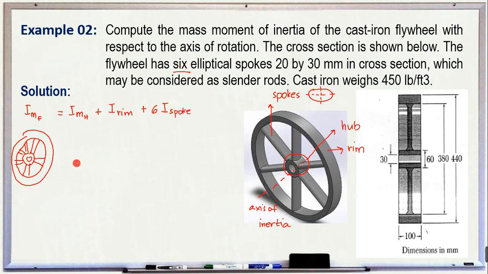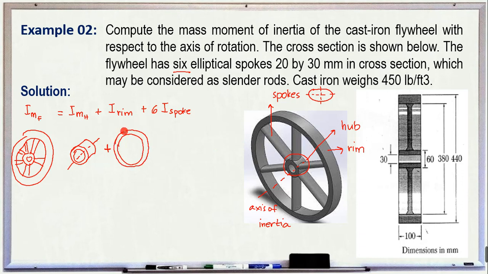Let's draw them one by one with respect to the axis of inertia. First, the hub. This is our hub, and this is our axis of inertia. We can treat this as a hollow cylinder. We already have a formula for the hollow cylinder. Plus the rim, still a very hollow cylinder, a very huge hollow cylinder.